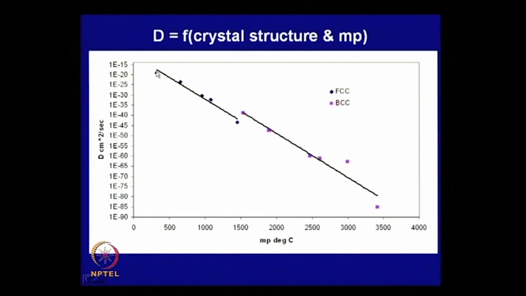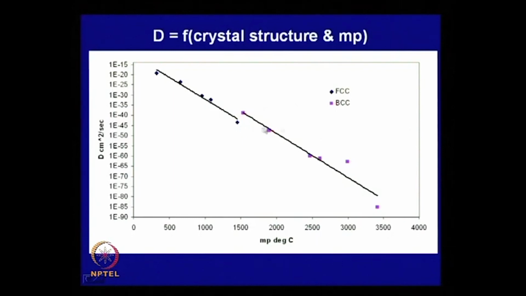you see this has the highest diffusivity, and this also is a function of the crystal structure. So, look at BCC. If the same metal exists in two different crystal structures, you will find the diffusivity, the self diffusion coefficient, in BCC is higher than that in FCC.